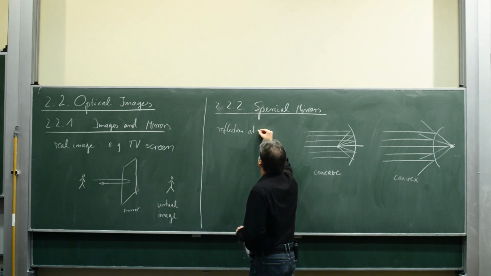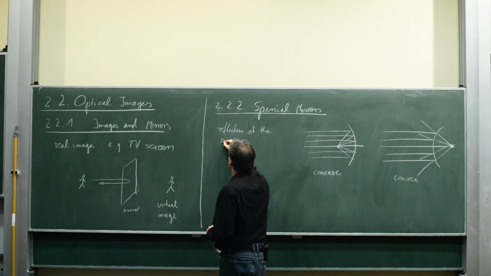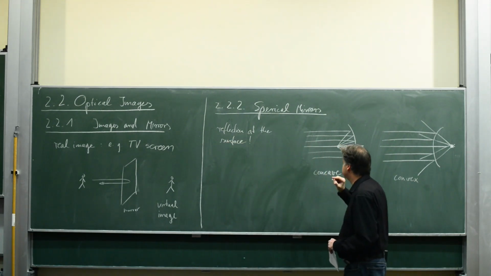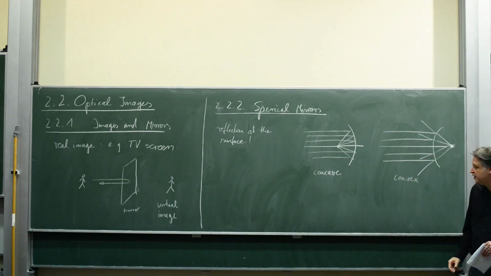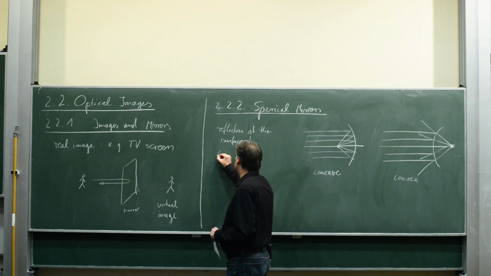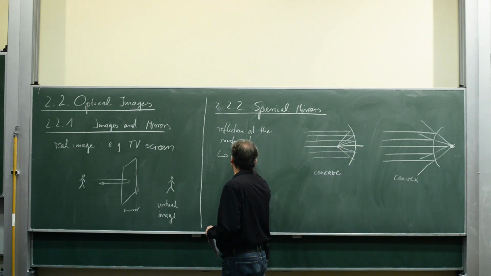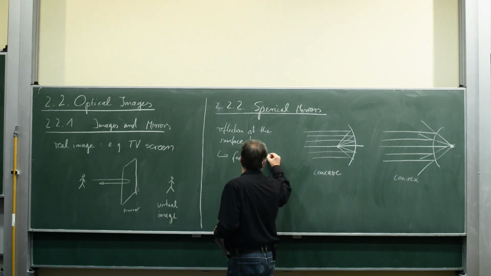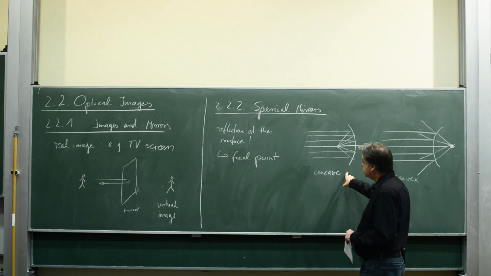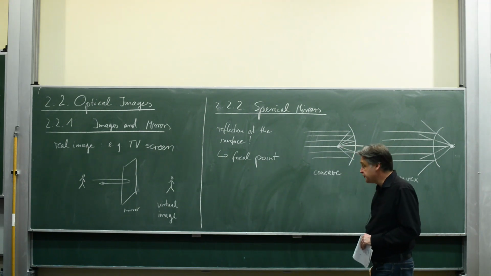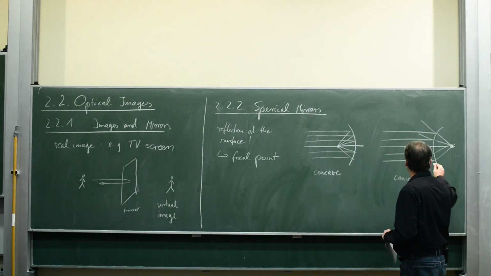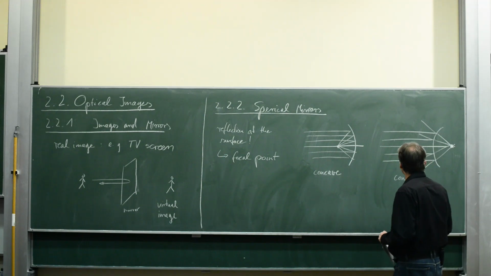Reflection at the surface, and the result is all these light rays finally hit in that focal point. For the convex mirror, directly in front of the mirror. For the concave mirror, directly in front of the mirror. For the convex mirror, on a virtual point behind.